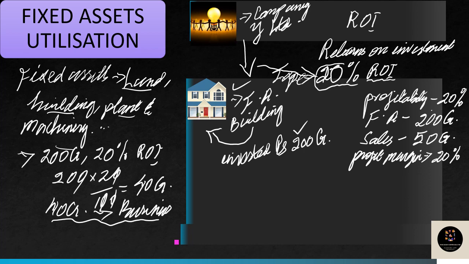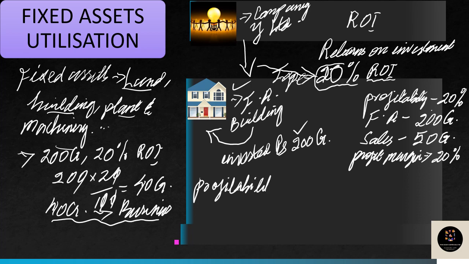So this business has profitability of 20%. That means for every sale they make, they earn a profit of 20%.